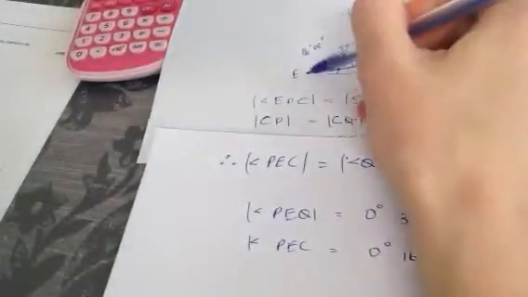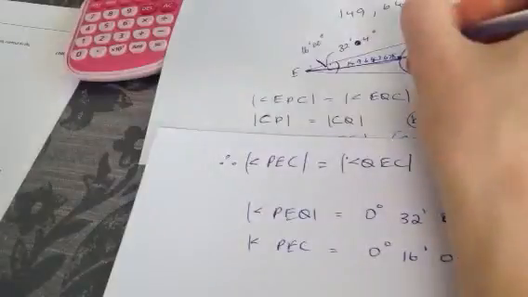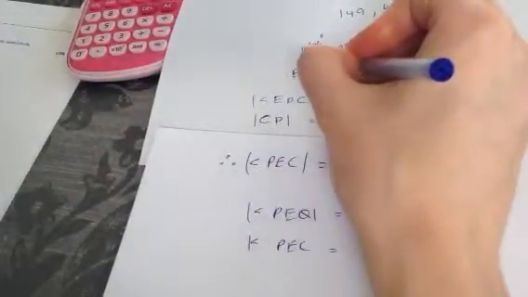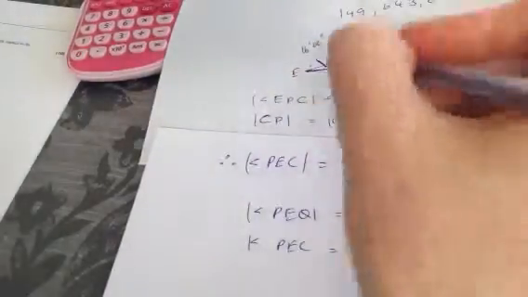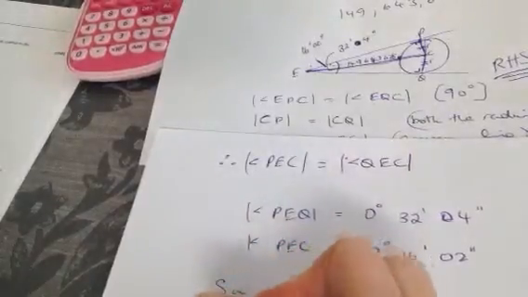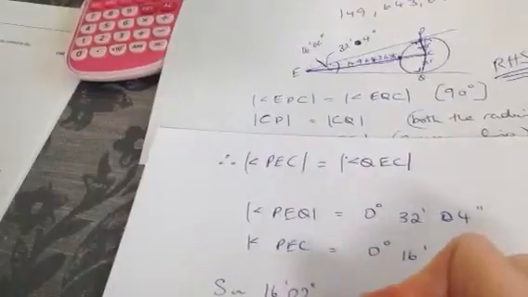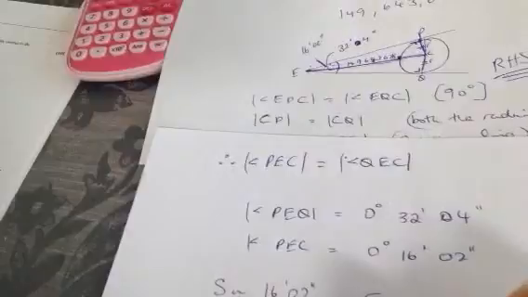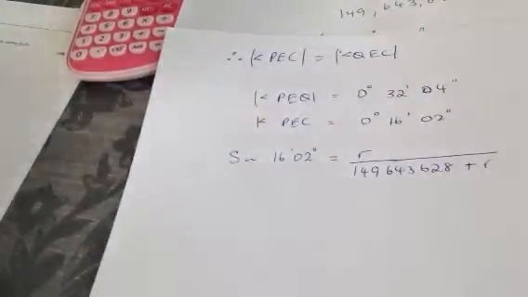So I know the length from there to there from the previous question, plus the R would give me that. So now, if this is the angle we're using, we're looking at sine again, because it's opposite over hypotenuse. So the sine of 16 minutes and 2 seconds is equal to r all over 149,643,628 plus r. And we just need to work this out.